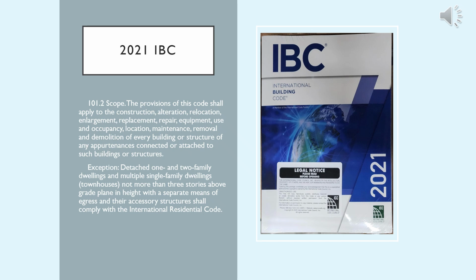The exception is detached 1- and 2-family dwellings and multiple single-family dwellings, townhouses, not more than 3 stories above grade plane in height with a separate means of egress, and their accessory structures shall comply with the IRC. So we're looking at 1- and 2-family dwellings and most townhouses, and in that kind of case, we're going to be going to the IRC. Everything else is going to be in the IBC.